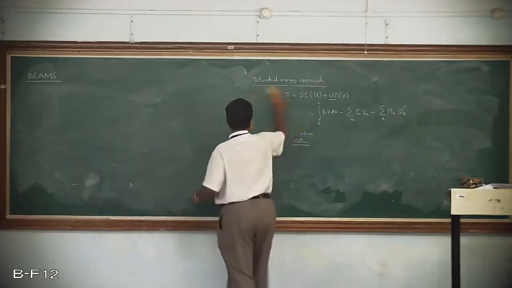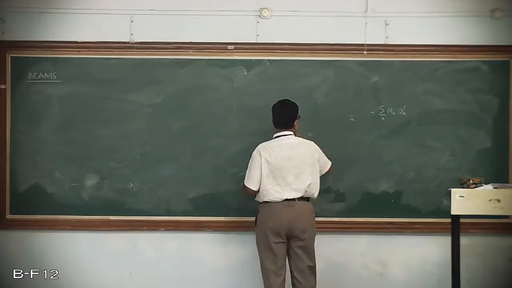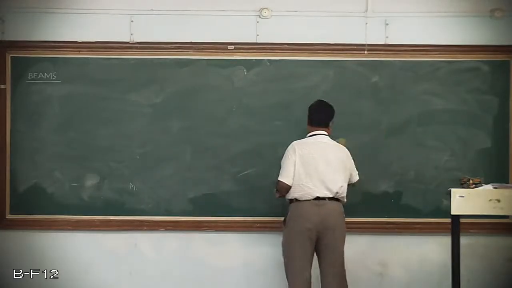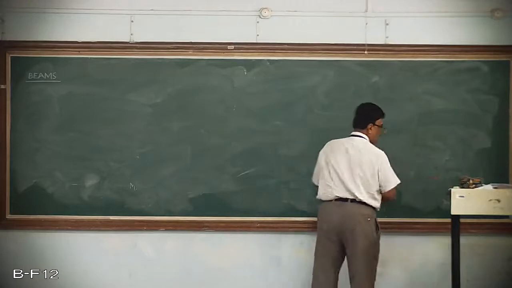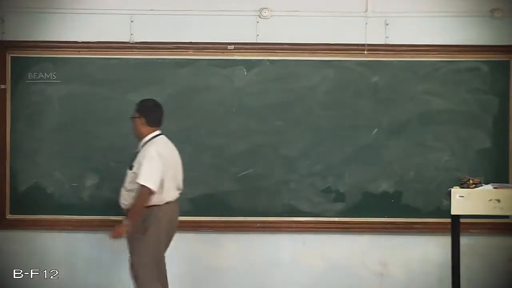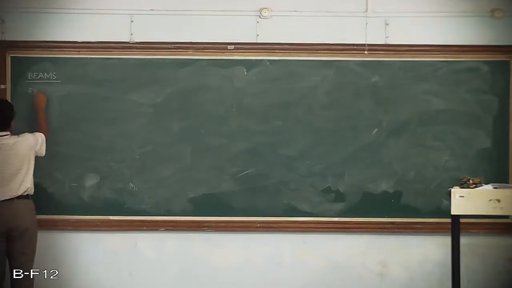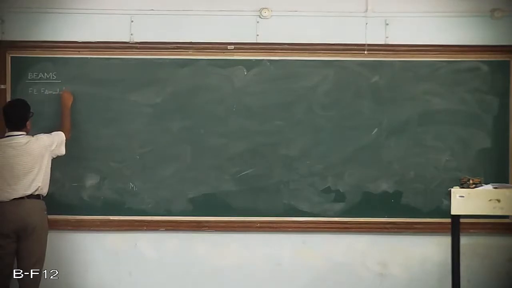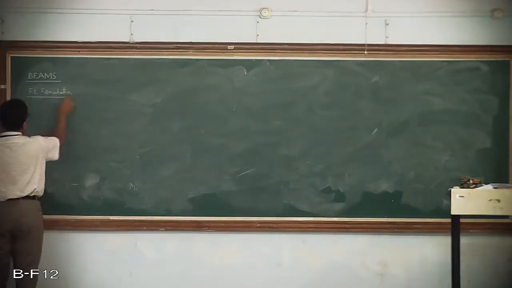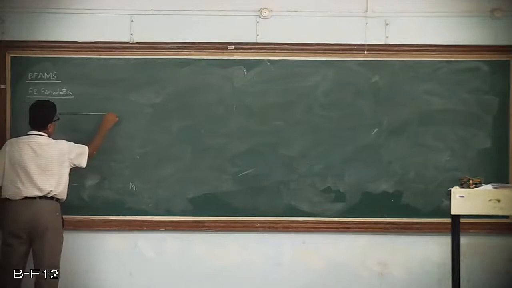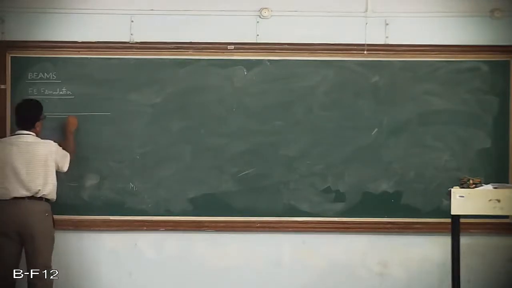Let us take one complete beam. Then we will start discretizing it, and we will see how exactly we write the finite element formulation. See here, for example, I will consider a beam of considerable length.